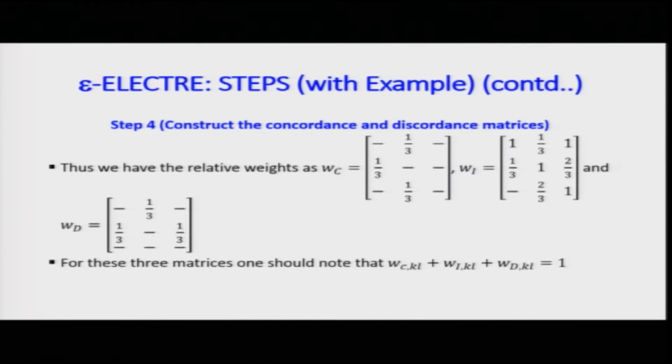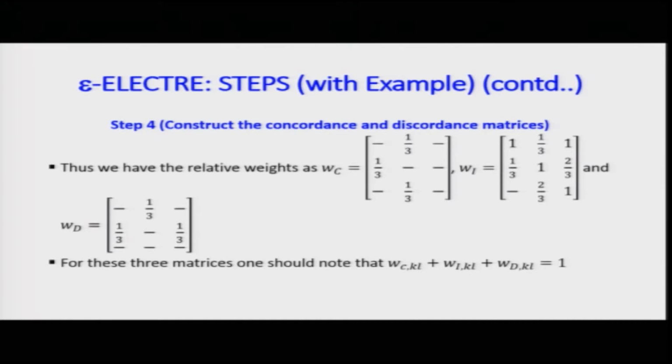What is important to note is that the sum of all the corresponding cells of the weight matrix for C, I and D would be 1, and that gives you an idea that you have done the normalization in the right way.